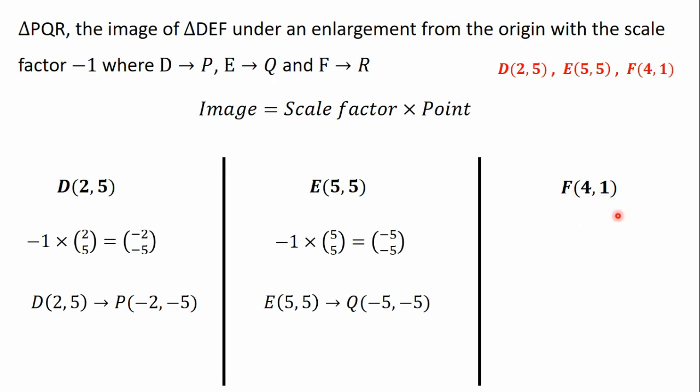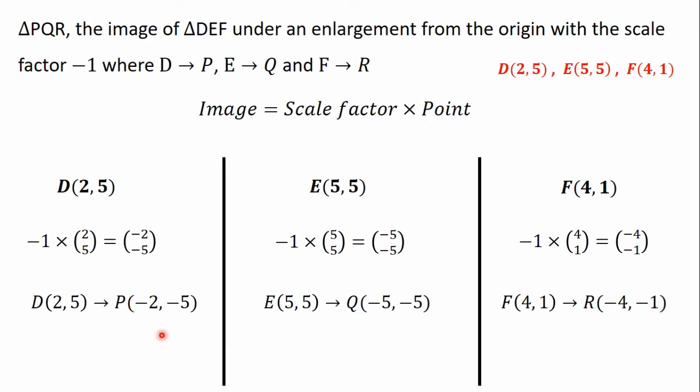So when we enlarge point F from the origin with a scale factor of -1, we are going to have -1 times 4, 1. -1 times 4 will give us -4. -1 times 1 will give us -1. So point F with coordinates 4, 1, when it is enlarged from the origin with a scale factor of -1, will give us the image R with coordinates -4, -1.